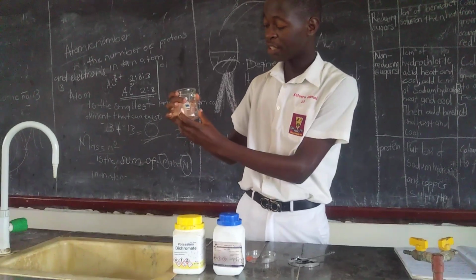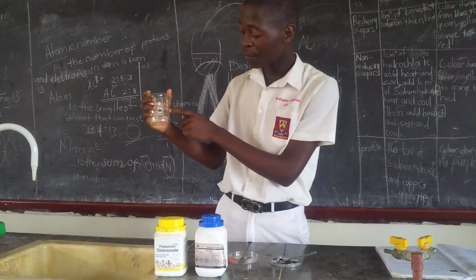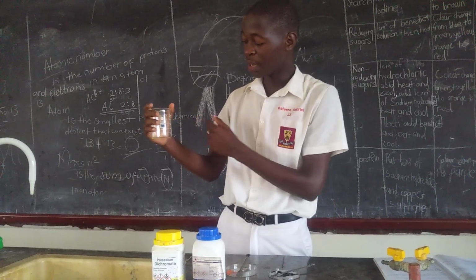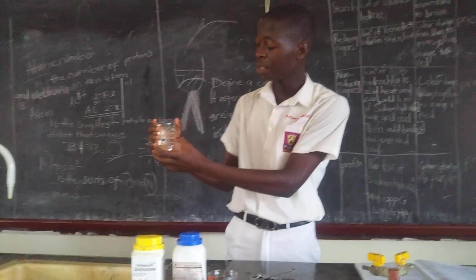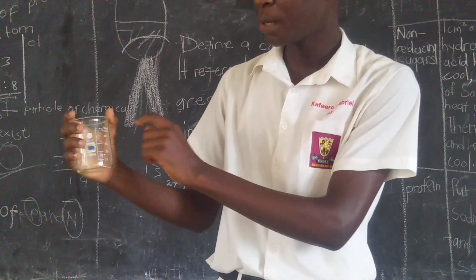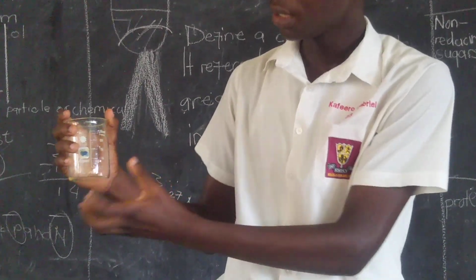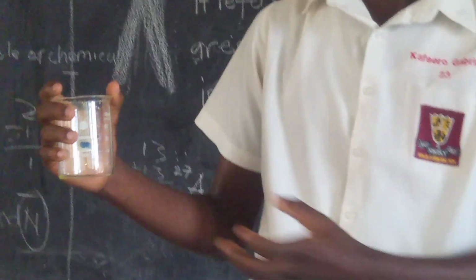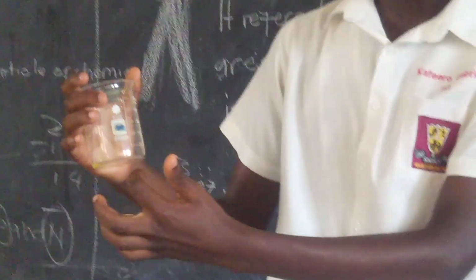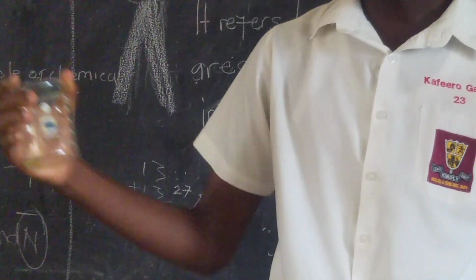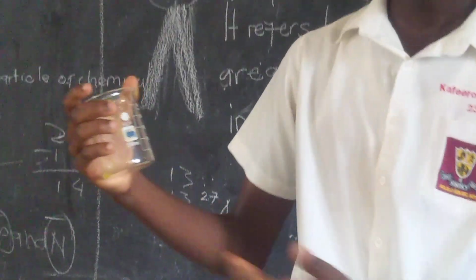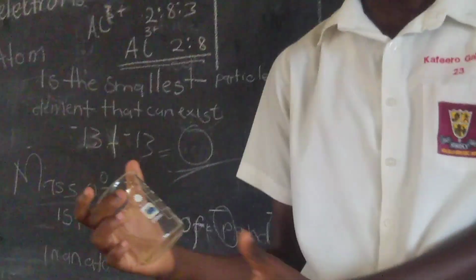So where is our half measure? It is just between the beaker and here. The half of 250 is 150, so I'm going to fill this beaker to reach 150. That will be our half filling of water in the beaker. Let's do it.